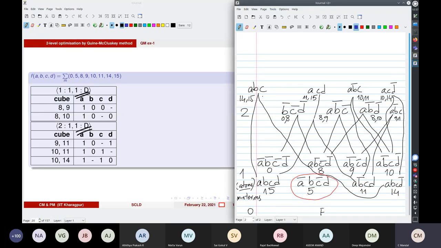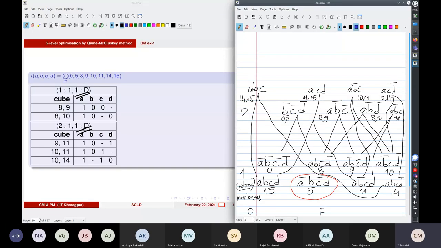And then you will consider those which have one number of ones and two number of ones. Well, you don't have any cube with zero number of ones here. No, you do have a cube with zero number of ones.